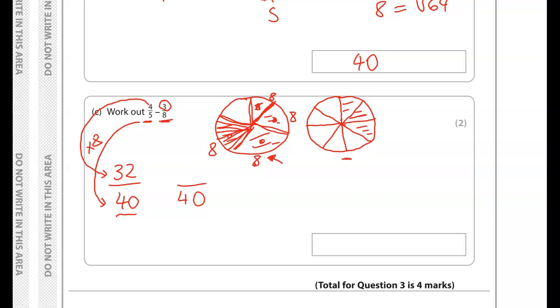This one had 8 to begin with. Now it has 40. So that means I have cut each of those bigger slices into smaller ones, and each of them has now got 5. Right? So there were 3 slices to begin with. These 3 that we highlighted. So 5 and 5 and 5. Now it is 15 smaller slices.